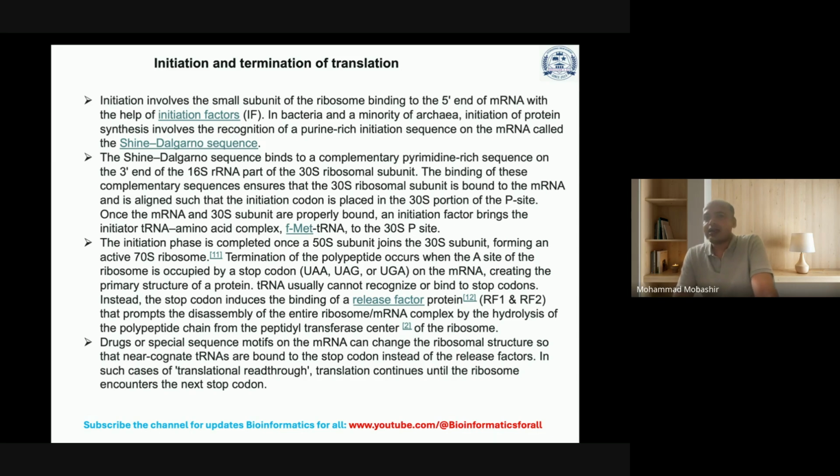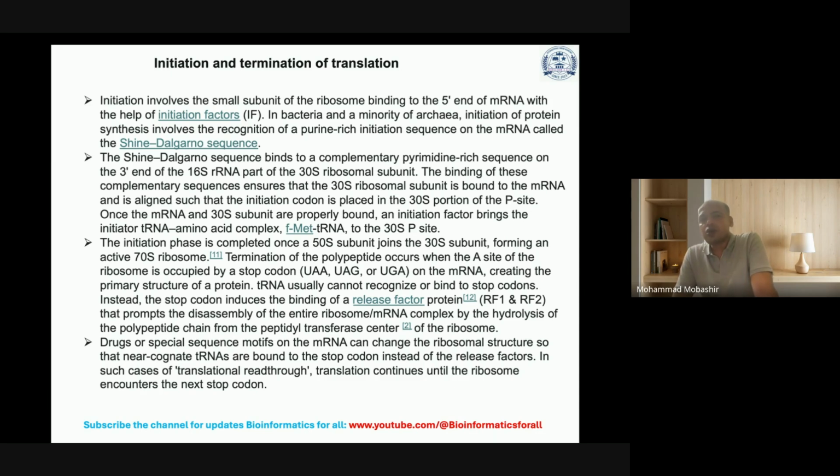In bacteria and a minority of archaea, initiation of protein synthesis involves the recognition of a purine-rich initiation sequence on the mRNA called the Shine-Dalgarno sequence. And then there are some steps which you need to understand in the protein synthesis, or the translation of mRNA to protein. These steps require a specific kind of simplified knowledge.